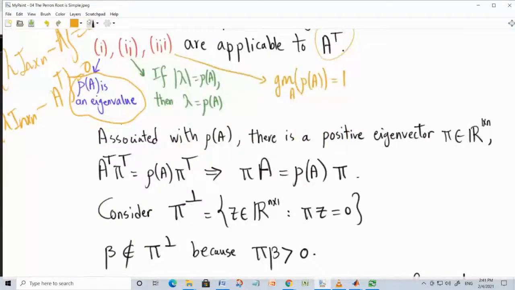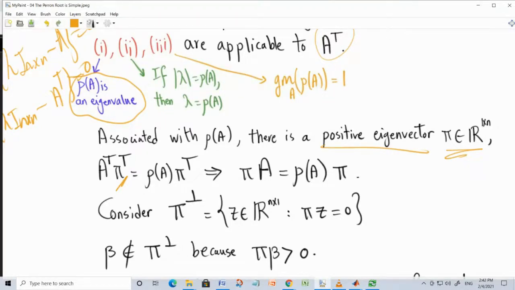So what is the associated eigenvector? There is a positive eigenvector associated. I will call this eigenvector pi transpose. I will define pi to be a row vector, and again, A transpose is a strictly positive matrix, so A transpose multiplied by some strictly positive vector will also give you rho of A multiplied by that vector.